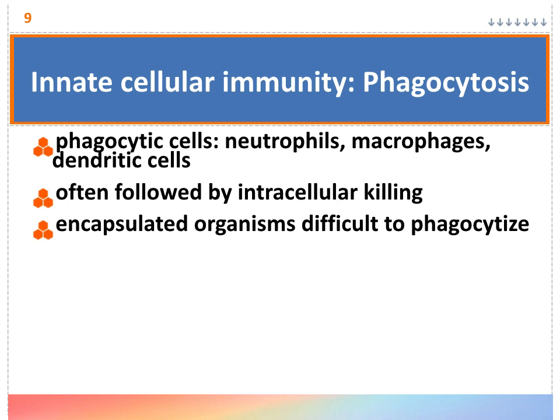Phagocytosis is often followed by intracellular killing. However, this is not always successful as there are certain organisms which can evade intracellular killing, and some of them are heavily encapsulated, making them difficult to phagocytize.